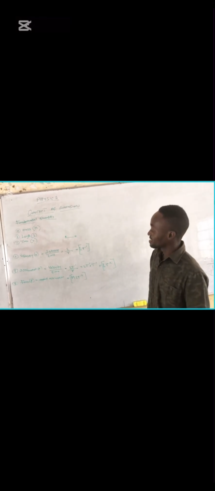From our fundamental quantities, mass is represented with capital letter M. Then acceleration, I have derived here as L T inverse squared, so I can just write acceleration as this. So M L T to the minus 2 is just the dimension for force, as simple as that.